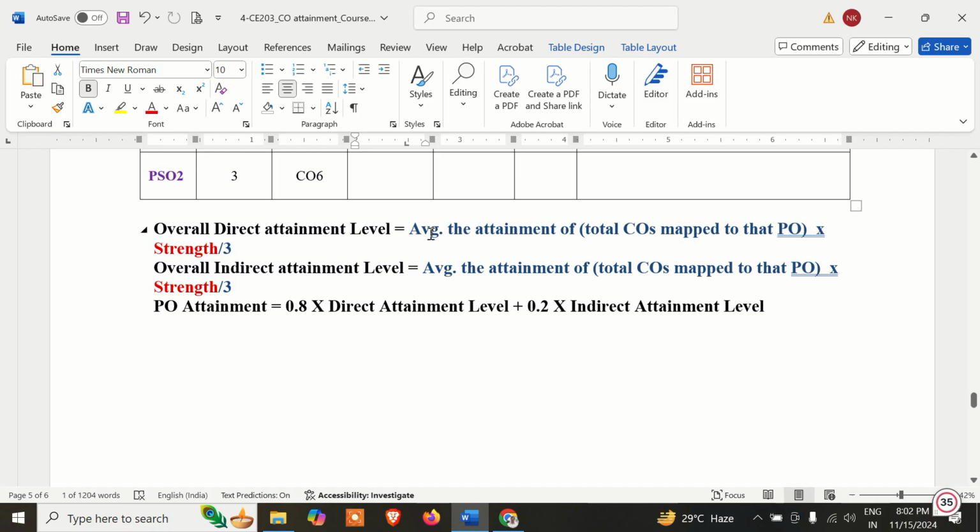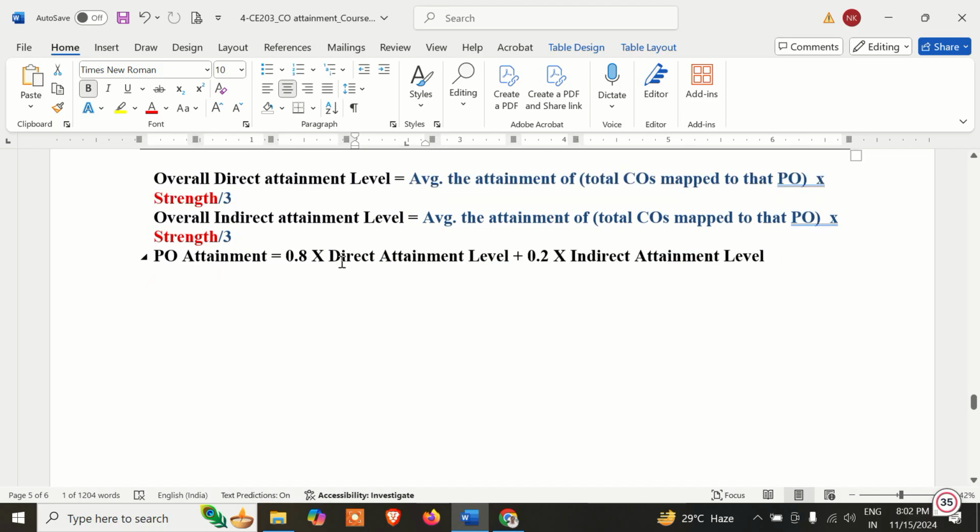While doing this scaling for overall direct attainment, the formula which we have used is the average attainment into total COs mapped to the PO into strength by 3. That's generally how we do it.